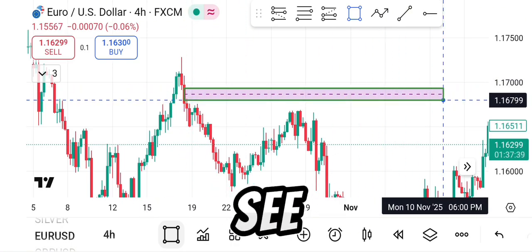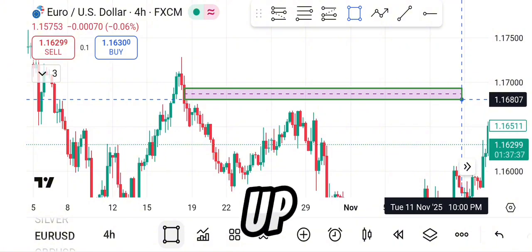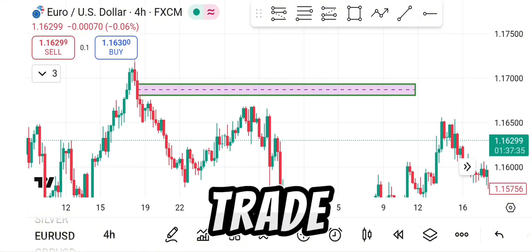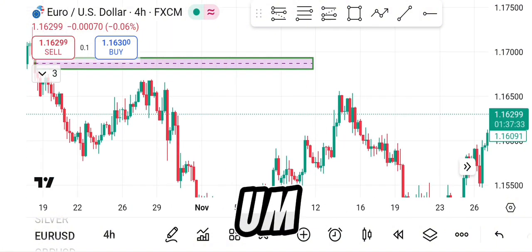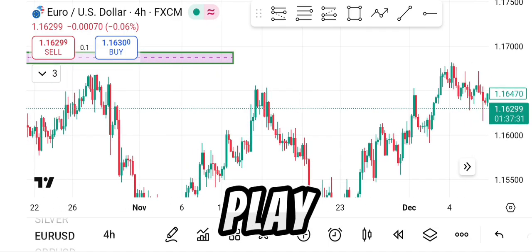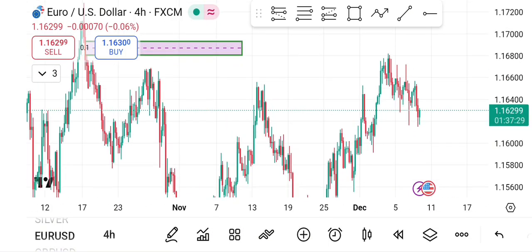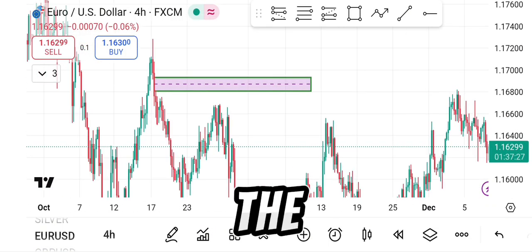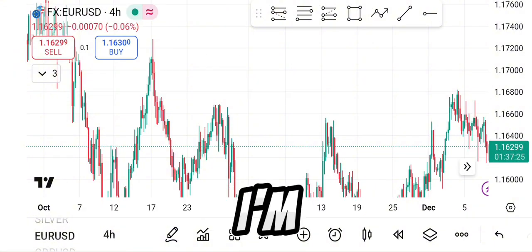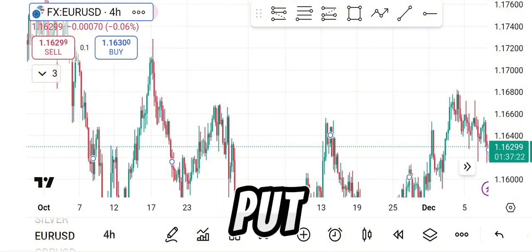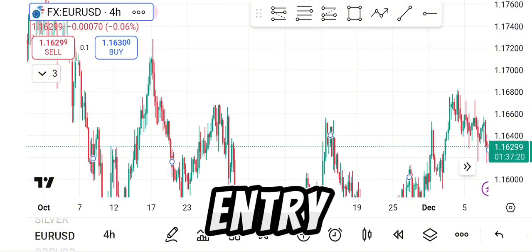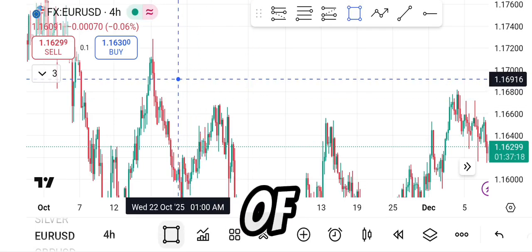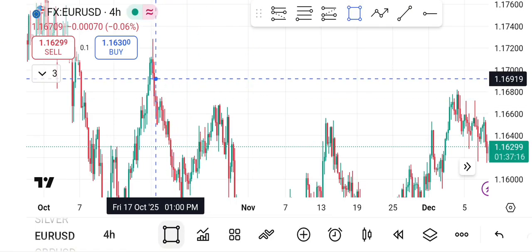As you can see, I'll be putting up screenshots of how I took the trade, because here I'm not using the back play tool. I'm going to put the screenshot of how I took the trade, my sniper entry on the trade. I'm going to be putting everything up at the end of this video, so just stay tuned.